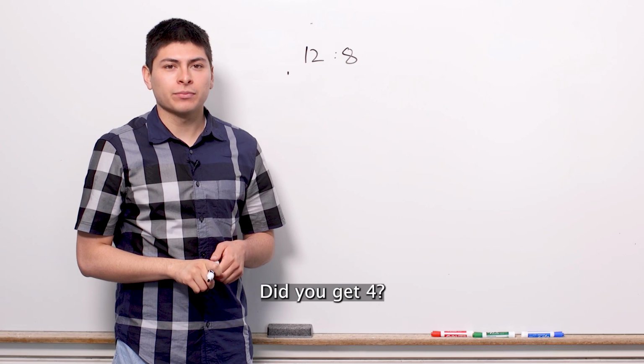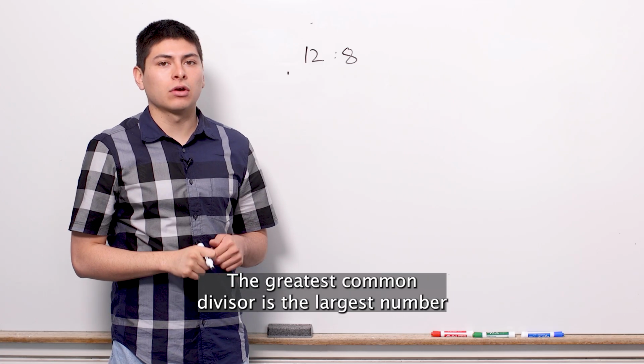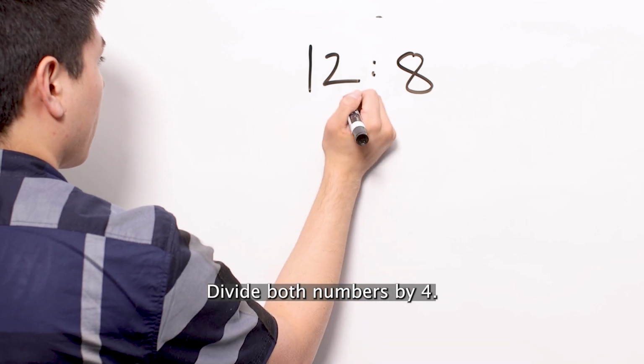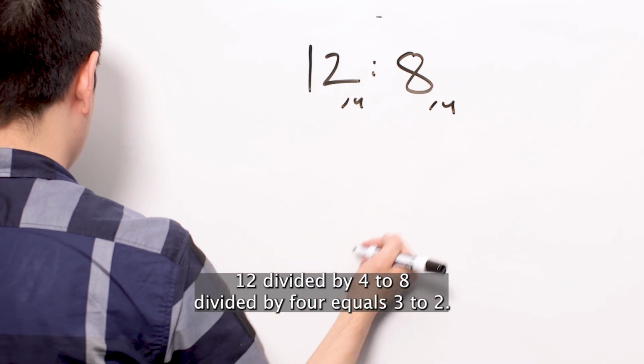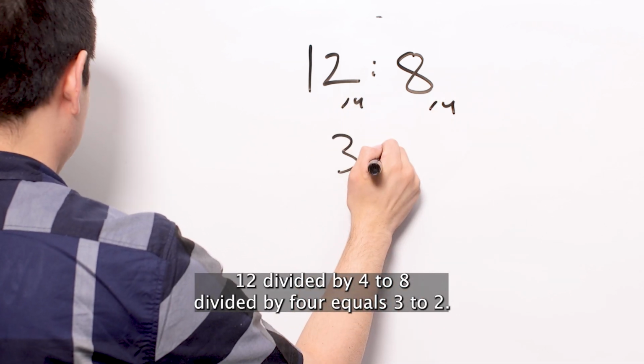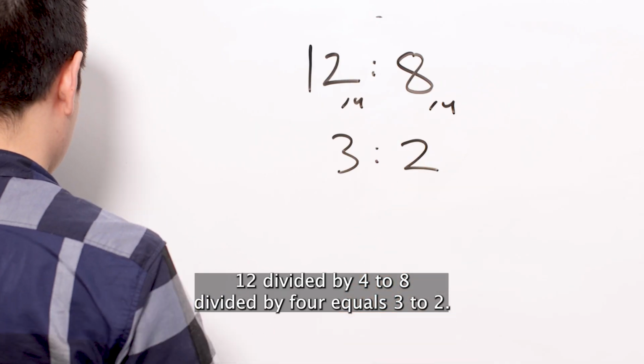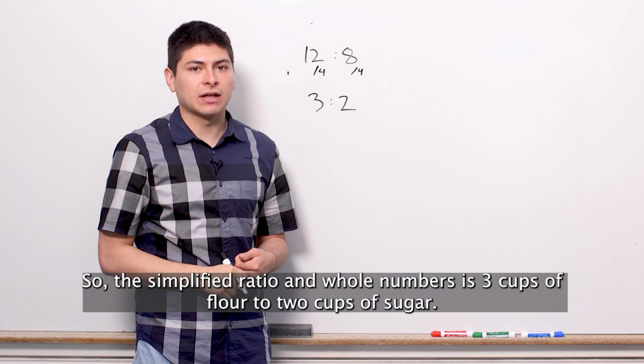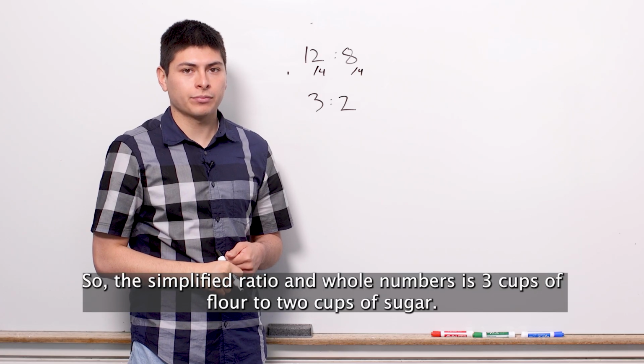Did you get 4? The greatest common divisor is the largest number that evenly divides both numbers. Divide both numbers by 4. 12 divided by 4 to 8 divided by 4 equals 3 to 2. So the simplified ratio in whole numbers is 3 cups of flour to 2 cups of sugar.